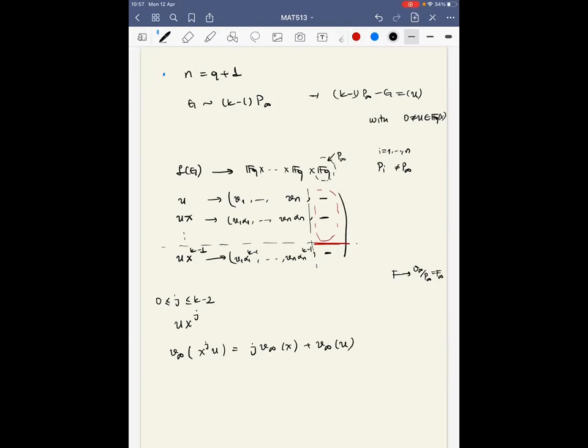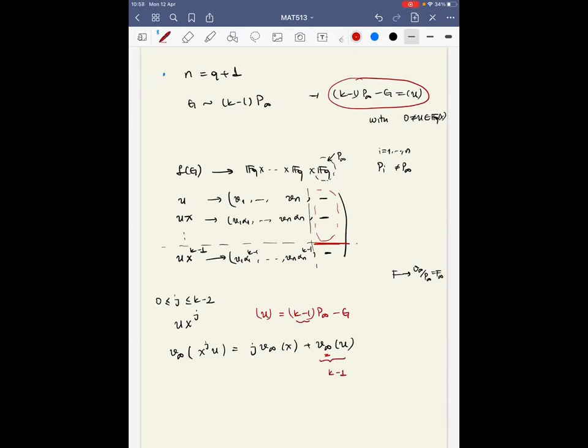And here recall that the principal divisor of u is (k minus 1) P infinity minus G, so that means the valuation of u at P infinity is going to be k minus 1.